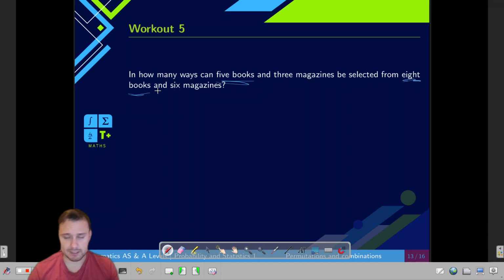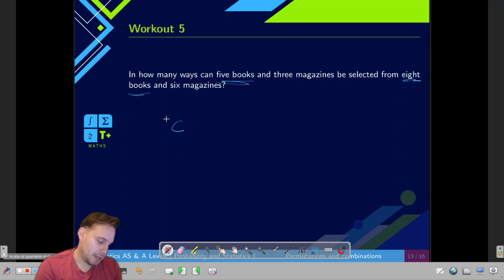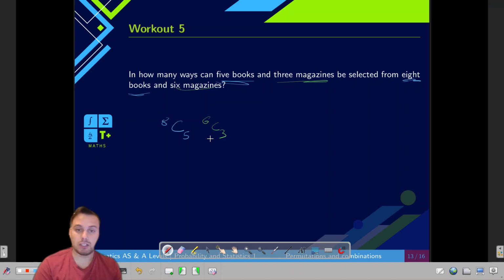There's nothing telling us that it might be. So we're going to be working with a combination. We have 8 in total and we want 5, so this is 8 combined in 5. And then when it comes to the magazines, we have in total 6 magazines and we want 3, so it's 6 combined in 3.